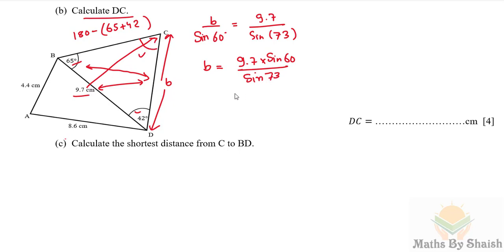If this is not provided, you have to use the angle sum property. This value is 8.7842 and so on. We can write our answer to 3 significant figures, and hence it is going to be 8.78 only. I hope it is clear.